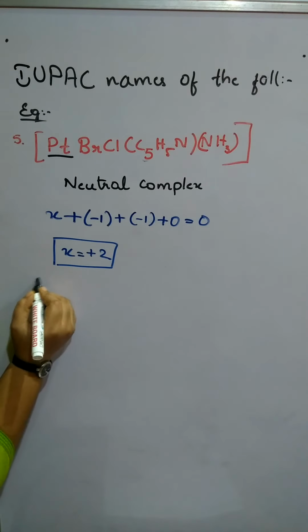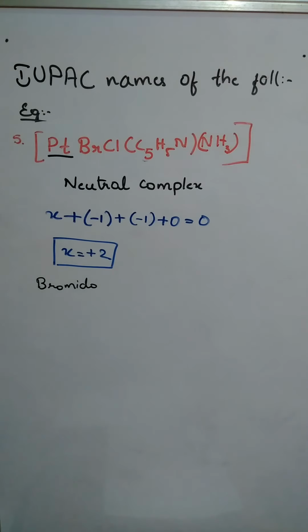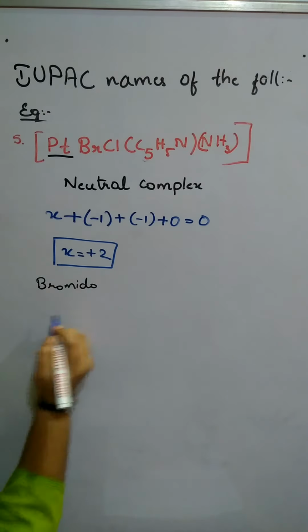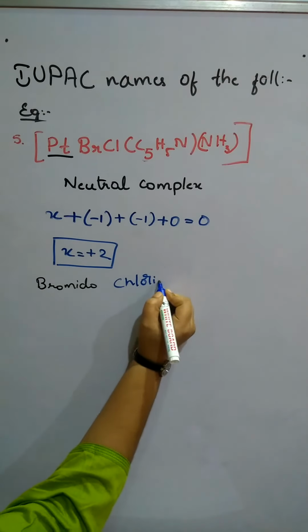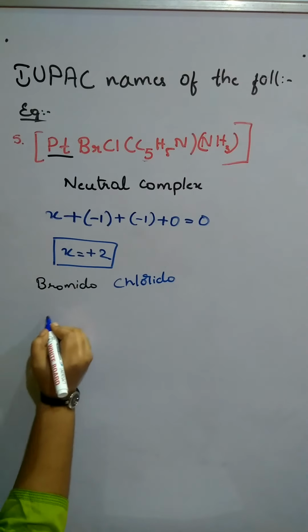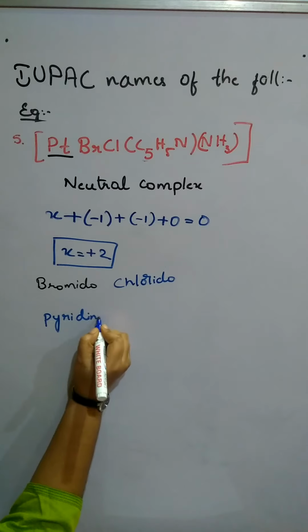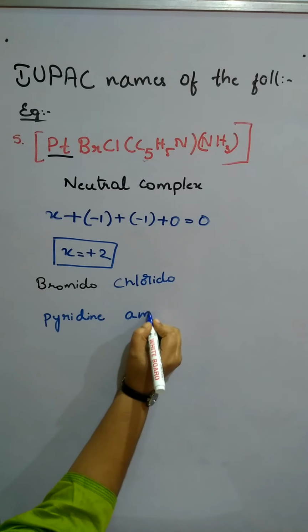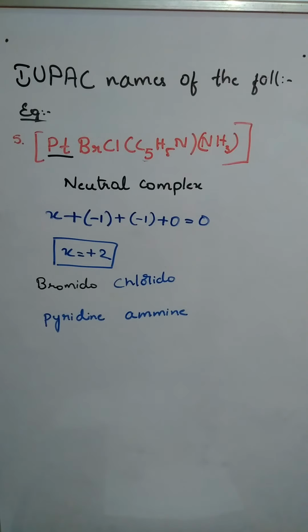So we have bromido. Next is chlorido. After that we have pyridine. The last one is amine. So alphabetically, none of the letters is similar here.